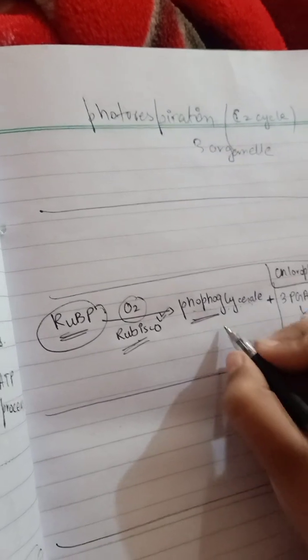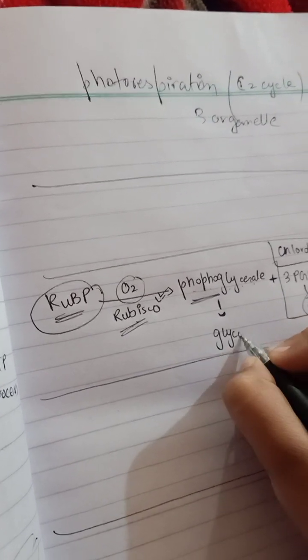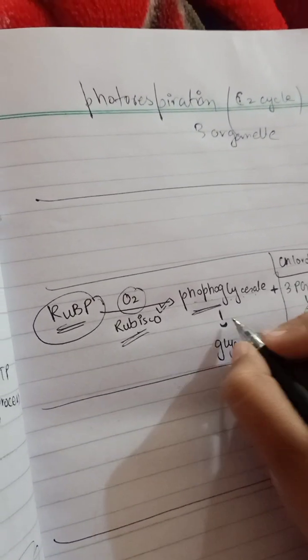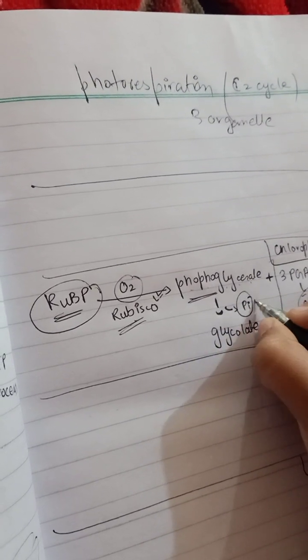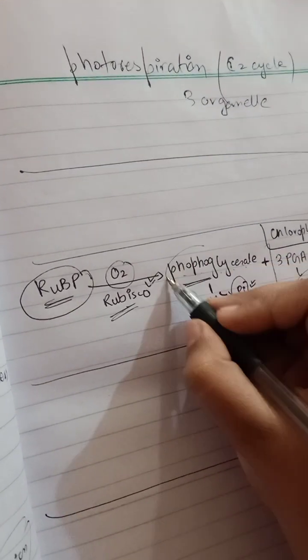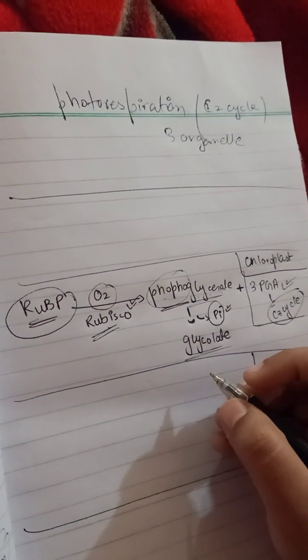Okay, so phosphoglycolate will convert into glycolate in the chloroplast, and it will release the inorganic phosphate. So the phosphate is removed, and we have glycolate.